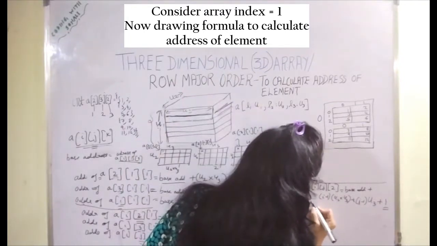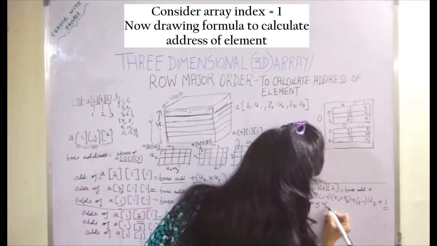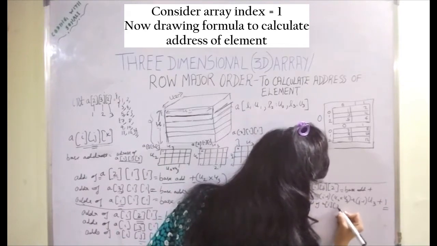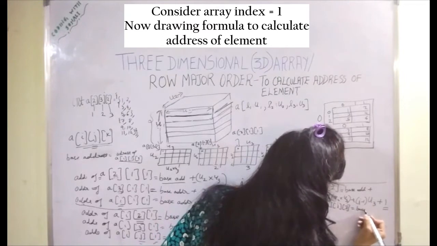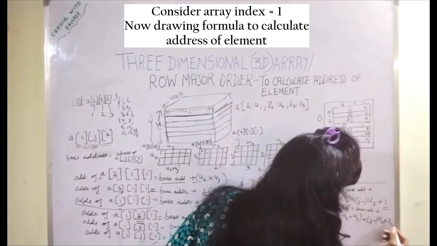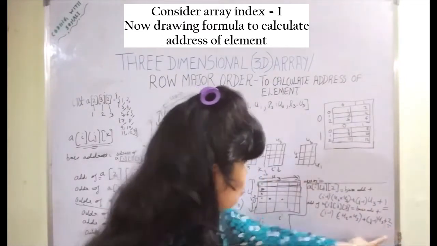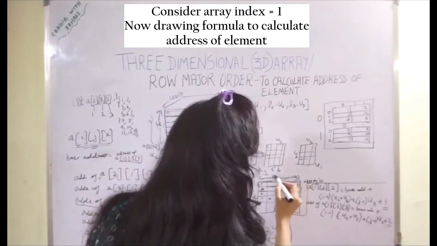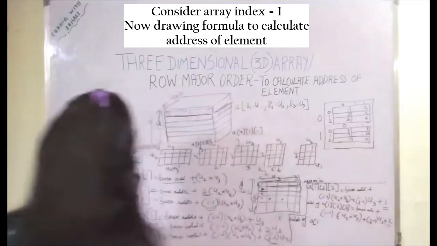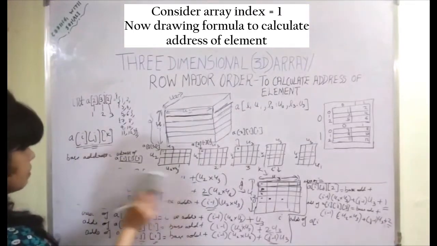So that is the address of a, i, j, and this is 3. That will simply be the base address. So you can see here too, we know that this U3 represents k actually. Therefore let me just change it here itself.